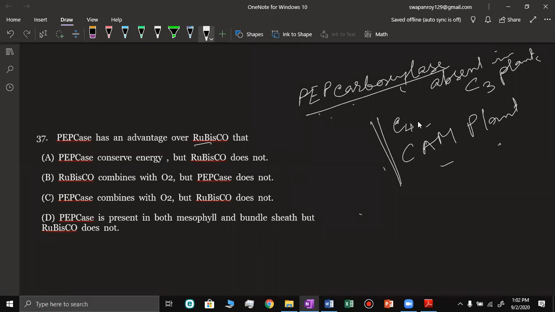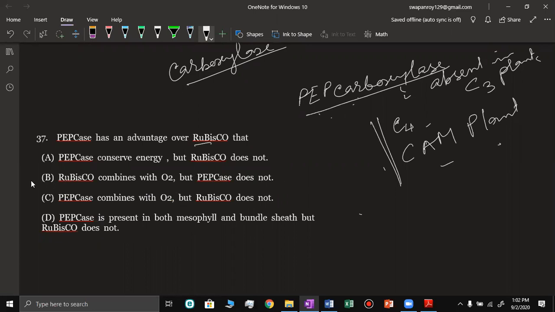PEP carboxylase has the advantage over Rubisco in that PEP carboxylase functions only as a carboxylase, never as an oxygenase. Rubisco combines with oxygen, but PEP carboxylase does not.